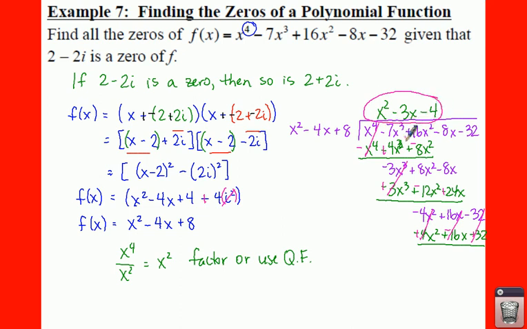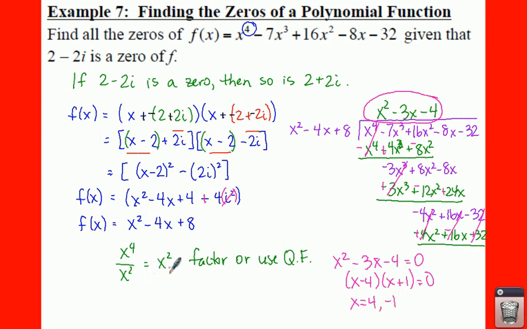That kind of looks like something we may have factored back in Algebra 1. So if we factor this, we have x squared minus 3x minus 4 equals 0. x minus 4 times x plus 1. And you get x equals 4 and negative 1.